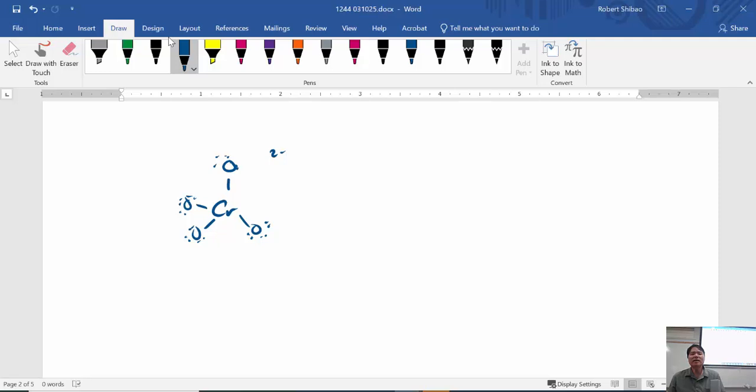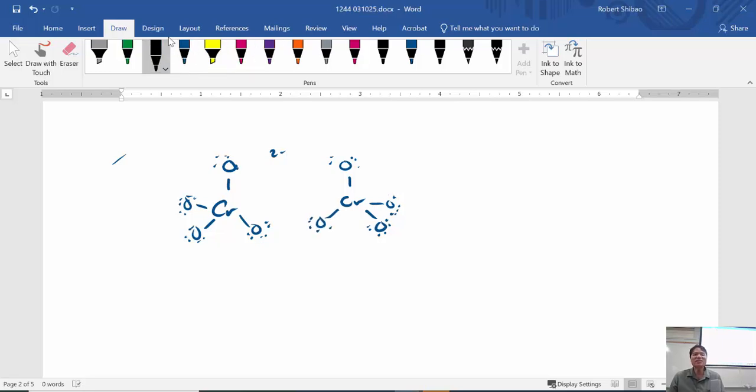We want to make dichromate now. So what I'm going to do is take two chromates and attach them together. How should I attach them?